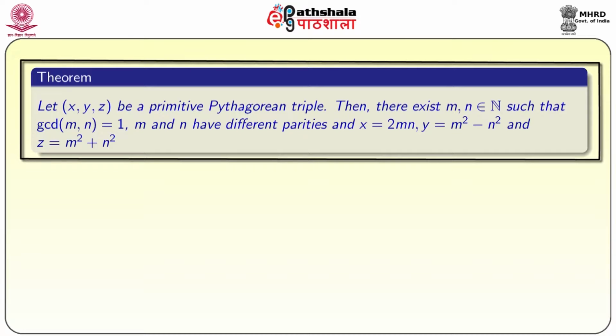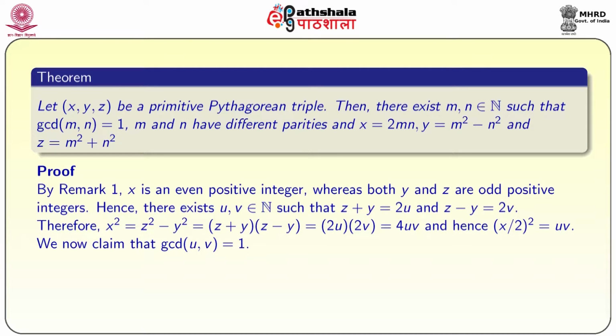Here the hypothesis is simple: x, y, z is a primitive Pythagorean triple. The remaining part is the conclusion, that is, what we have to show is that there exist m and n satisfying the following properties: GCD of m, n equals 1 and m, n have different parities, that means both cannot be even or both cannot be odd, and then we have to show that x equals 2mn, y equals m squared minus n squared and z equals m squared plus n squared.